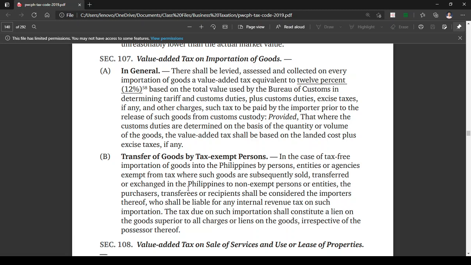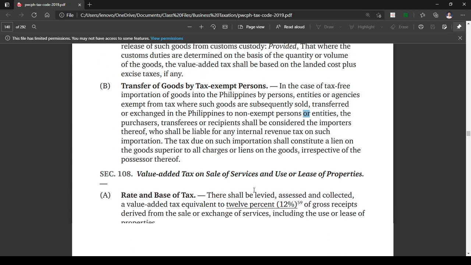Okay? Tax exempt siya. Tapos, binenta niya kay letter B na hindi tax exempt. Okay? So, ganun yun. Yung hindi tax exempt na person na bumili, yun yung magiging liable sa VAT na 12% on import of goods.